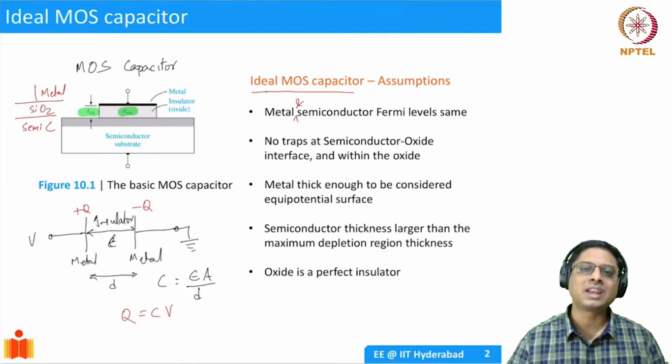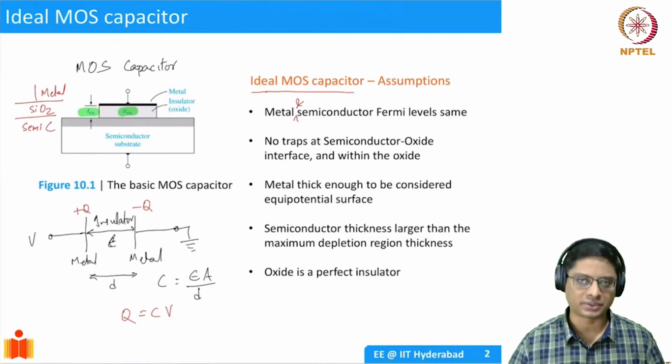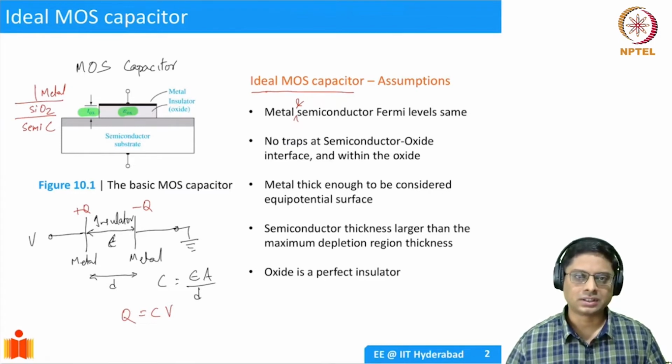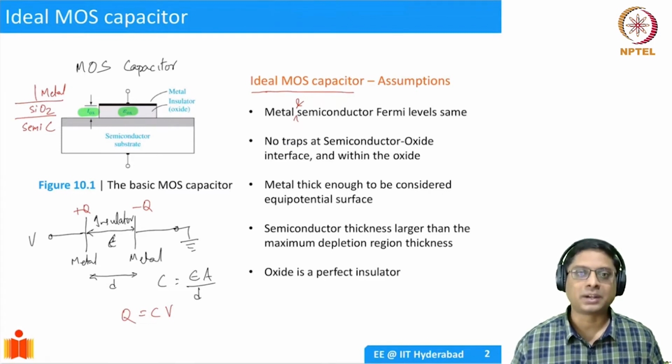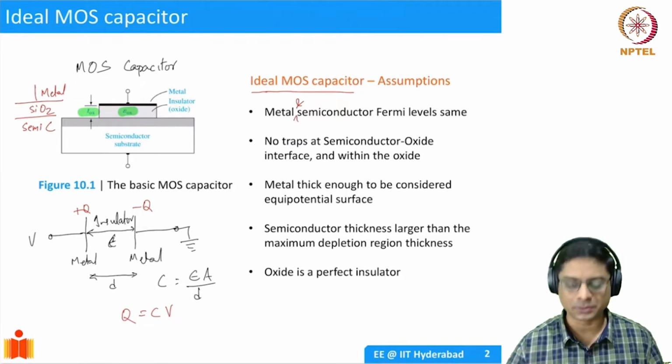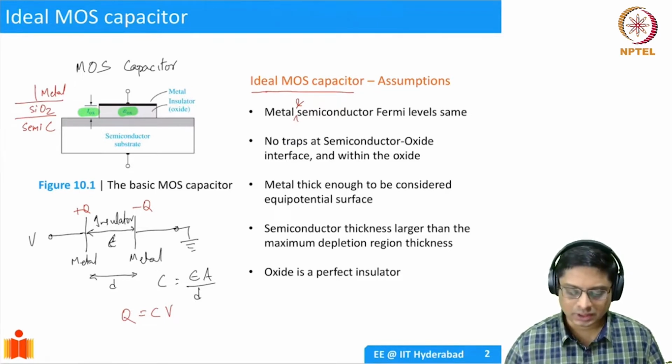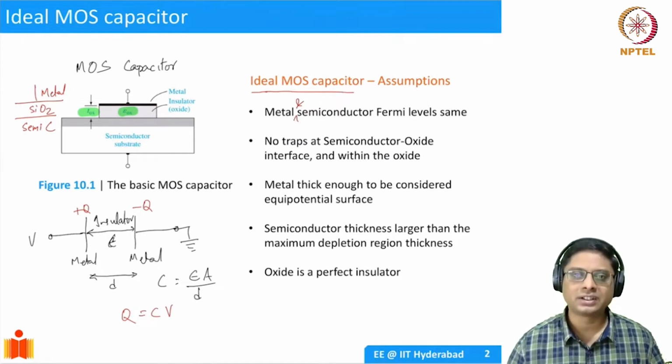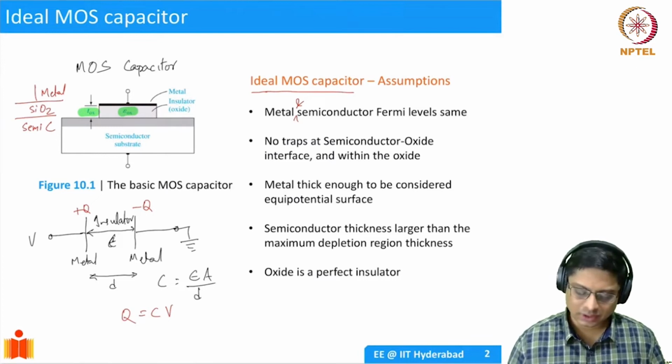The metal also has the same Fermi level. There is no difference in the Fermi levels. Right now we will make that assumption. This is at equilibrium, with no applied voltage. But if you apply voltage, of course, the Fermi levels are going to shift, as we have seen multiple times. It's not a very severe assumption. We can relax it quite easily. We will see that in the next week.